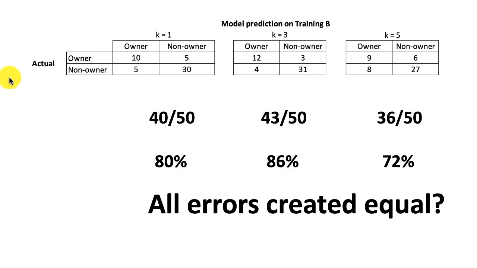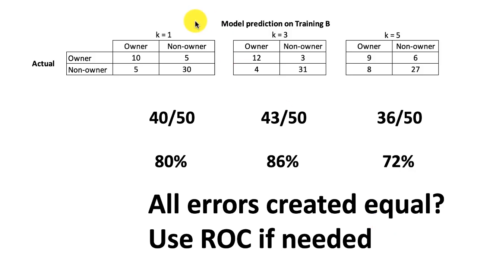So for example, if we stand to gain a lot by classifying an owner as an owner, and if we don't lose much by classifying a non-owner as an owner, right, then the errors are not created equal. So therefore, we would use a different mechanism to do the classification. We just won't use the cutoff probability. Instead, we may go by performance on a single class, or of course, we may use the ROC approach, right? Rather than making the system actually give us predictions, we will ask the system to only give us probabilities, and then we can generate the ROC chart and determine the cutoff.